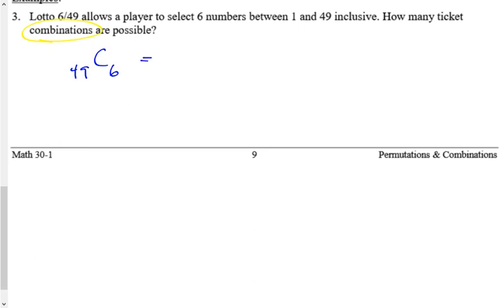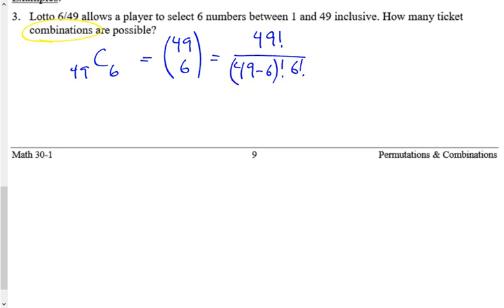And again, the other notation would be 49 choose 6 like this. If I wanted to use the formula, which normally I wouldn't, but we'll write it out for now, that would be 49 factorial over 49 minus 6 factorial times 6 factorial, which is 49 factorial over 43 factorial times 6 factorial.